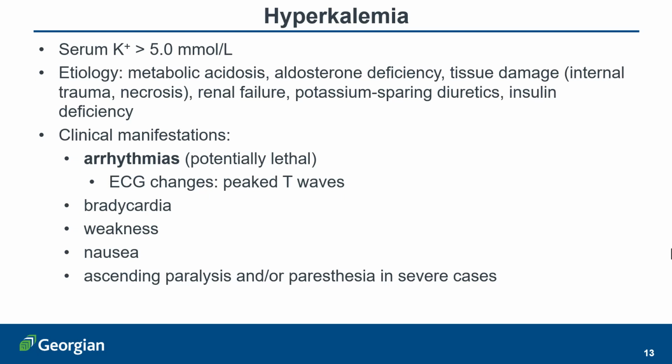Bradycardia is also another common clinical manifestation. As the heart rate slows down, the cells become hyperpolarized, and it becomes more and more difficult to activate them, resulting in bradycardia. Weakness, nausea, ascending paralysis and paresthesia are all about the altered resting membrane potential of the cells in the brain, as well as in the muscles. But that usually occurs only in severe cases.